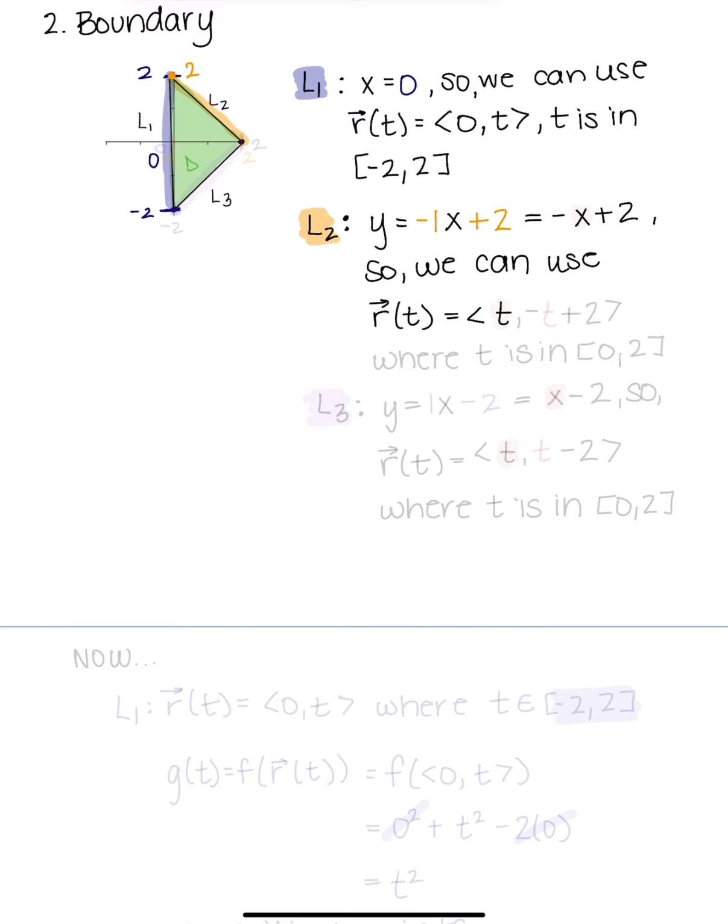Then be careful. Let's talk about what our t's are before we move on. If t is going to be our x values, then it ranges from 0 to 2.